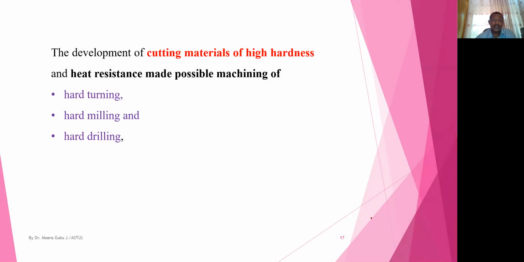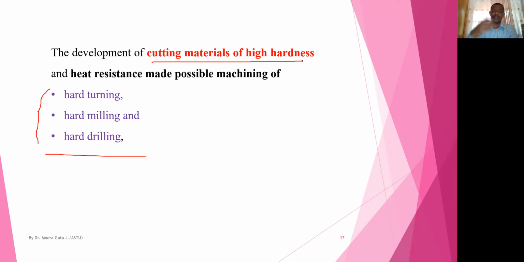The development of cutting materials of high hardness and heat resistance made machining possible: hard turning is possible, hard milling is possible, and hard drilling is possible also, as long as you have high-performance cutting materials like ceramic materials, diamond materials, and boron nitride cutting tools, which have high heat resistance capabilities.